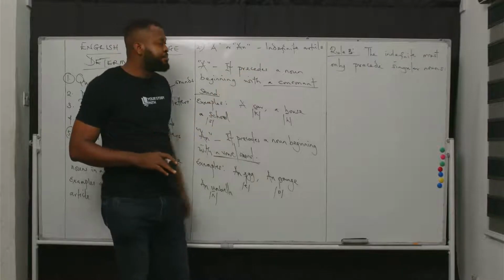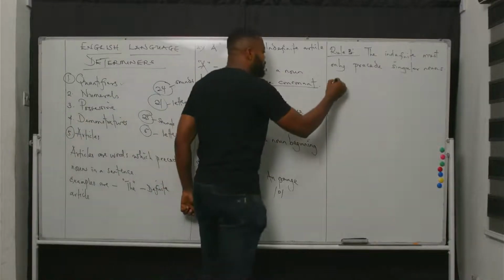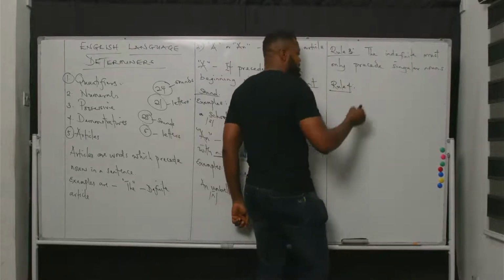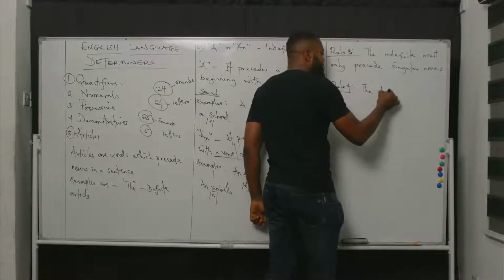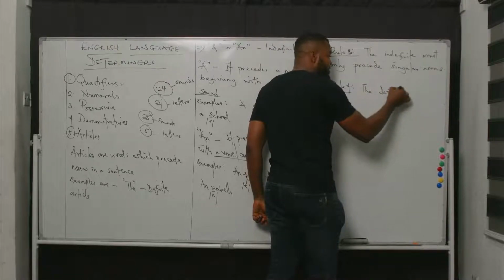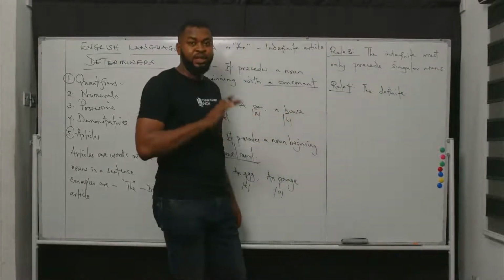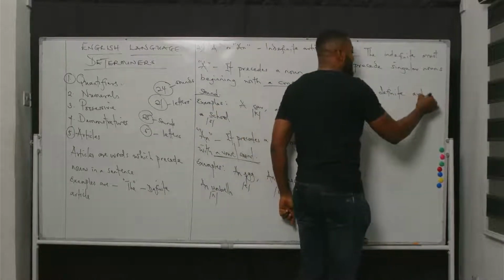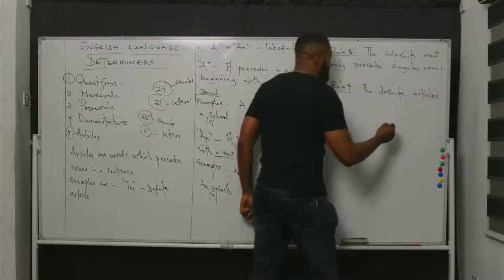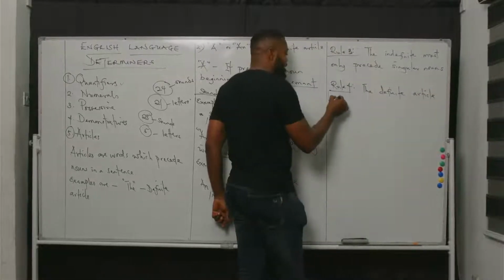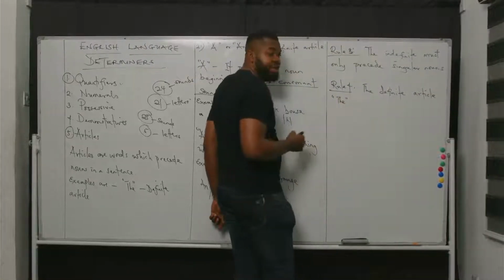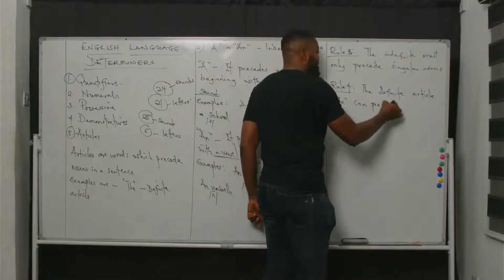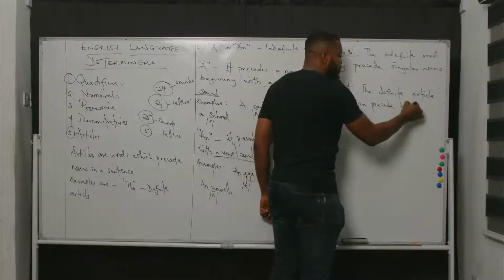All right. Now, rule 4. The definite article. This time around, I'm talking about definite articles. Please pay attention. An example is what? The article THE, all right, can precede both what?